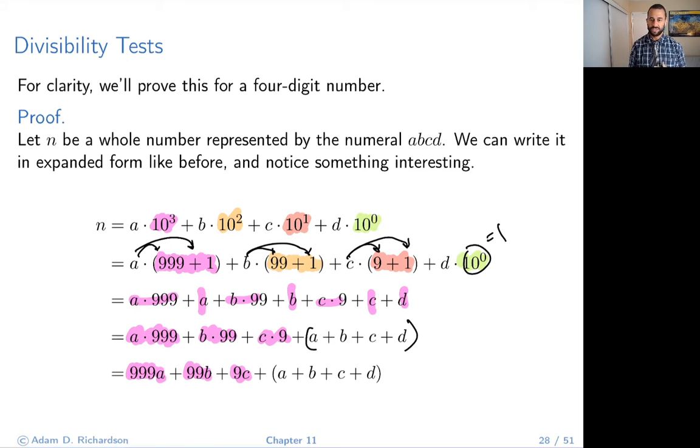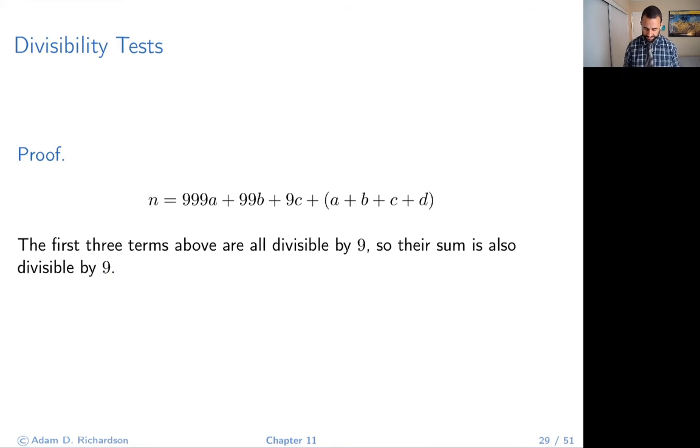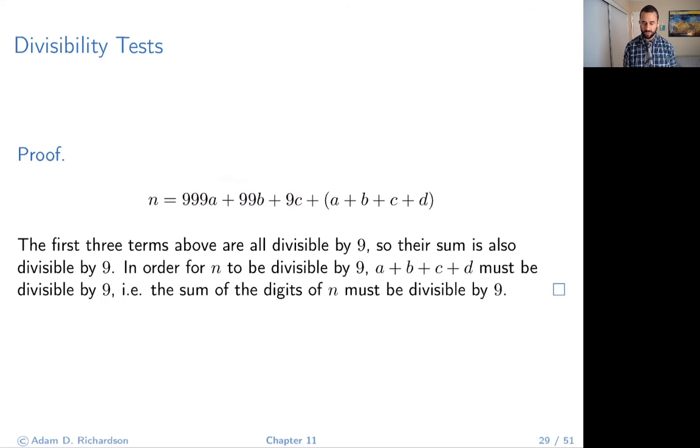So this is the decomposition we need. Now here's the clever part. We've rewritten n like so. Now the first 3 terms, this one, this one, and this one, those are all divisible by 9 because those are all multiples of 9. And as a result, their sum is divisible by 9.